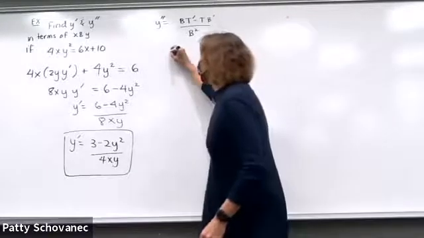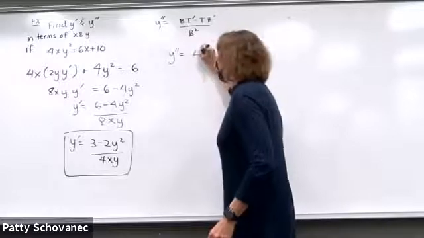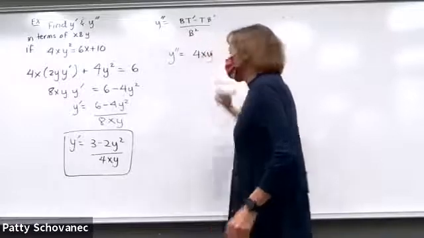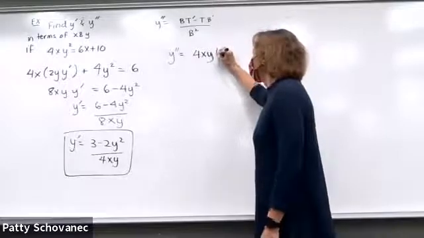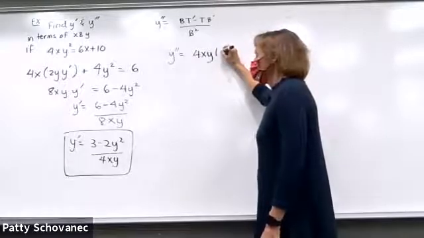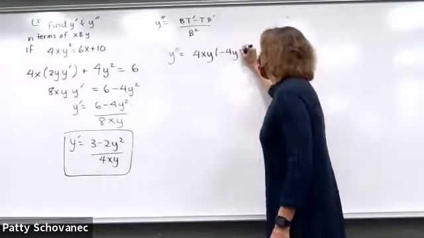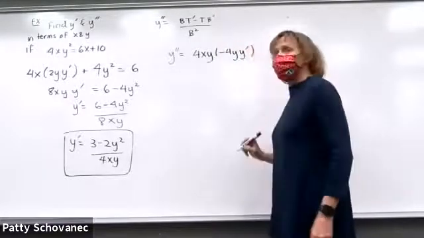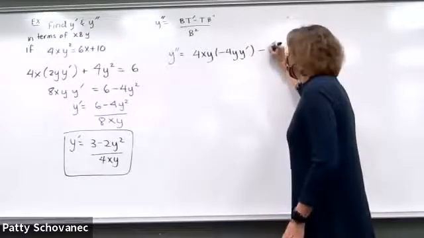All right, so here's what it looks like. The bottom is the 4xy. The derivative of the top. You tell me, what do you use for the derivative of the top? Good. Negative 4y, y prime. That's the derivative of the top minus the top.